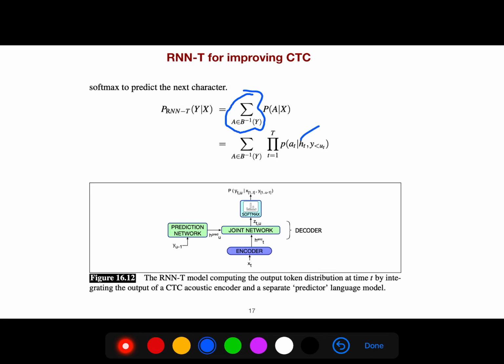Our hidden variable comes from the encoder and also the prediction from this language model. So our softmax is combining this, and this is our decoder. We are combining the information from the encoder and the prediction network.